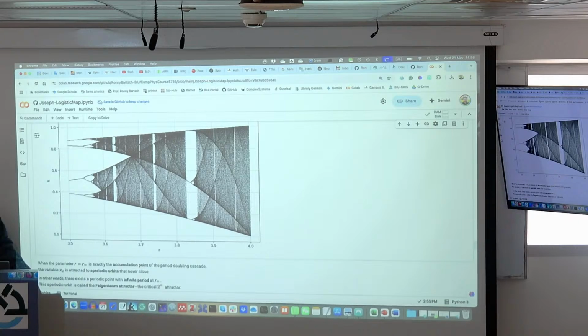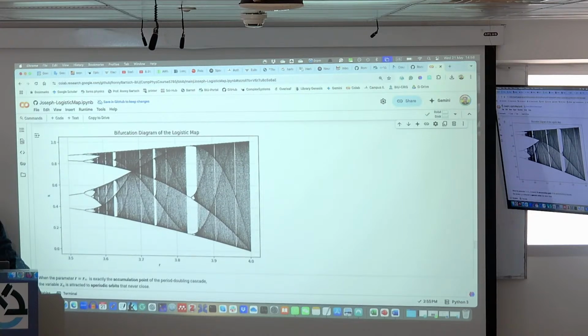Feigenbaum discovered this, and the interesting thing is it's a constant that doesn't appear anywhere else in nature. I mean, the logistic map appears in many different areas, but the Feigenbaum constant only appears in it.